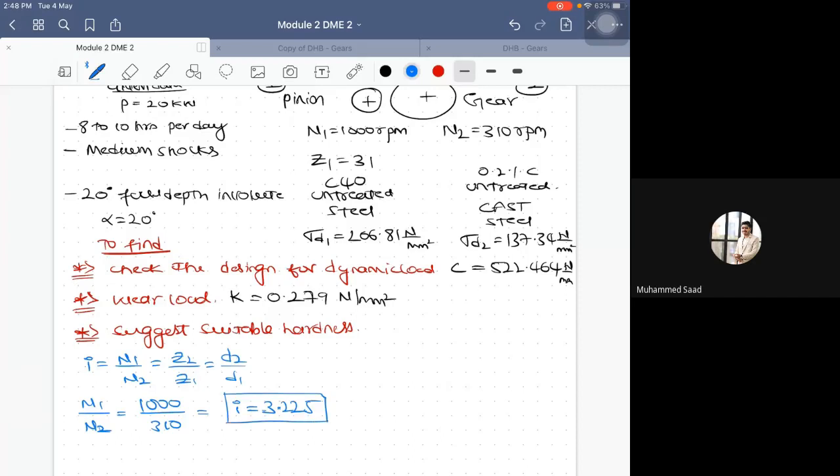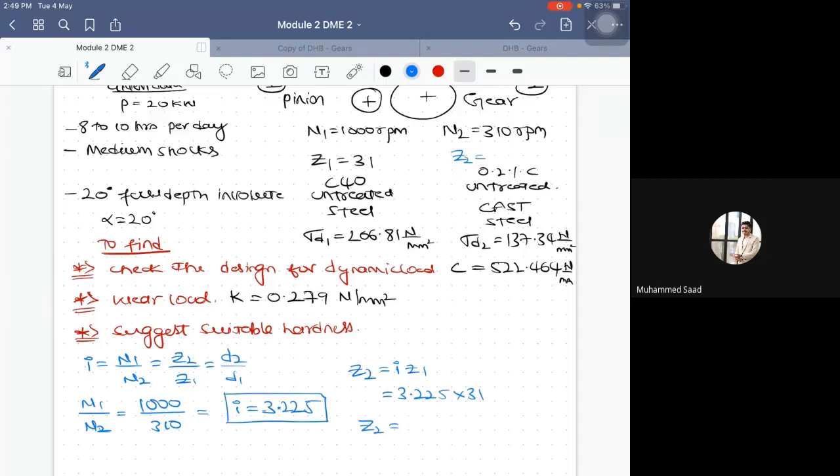So once I is calculated, what do you have to calculate? Z1 is given, so Z2 you can calculate. Z2 is equal to I times Z1, that is equal to 3.225 cross 31. So what is the value of Z2? 99.975.